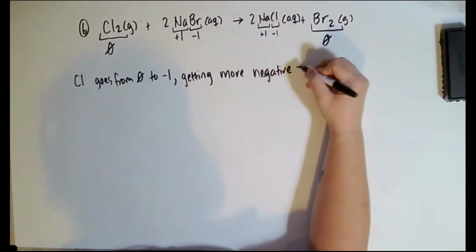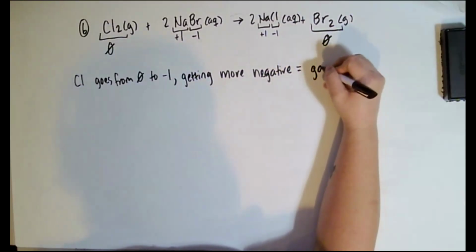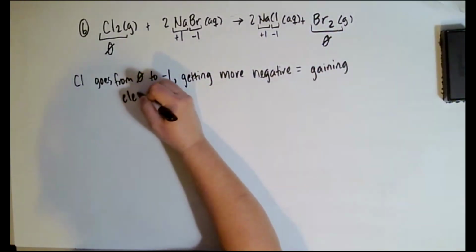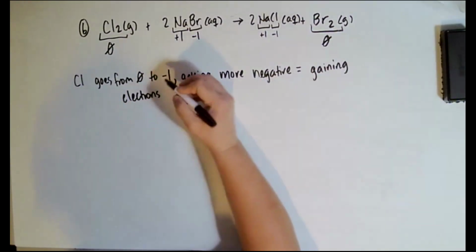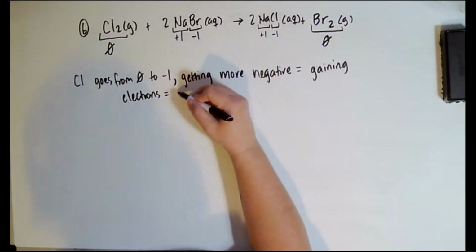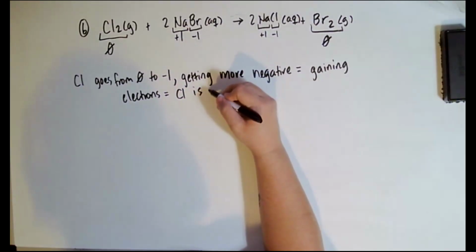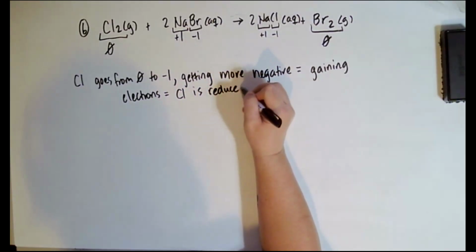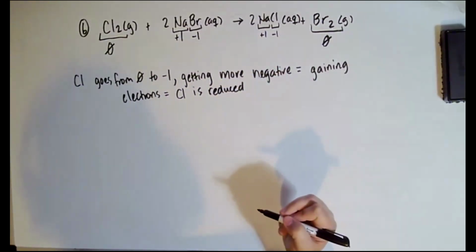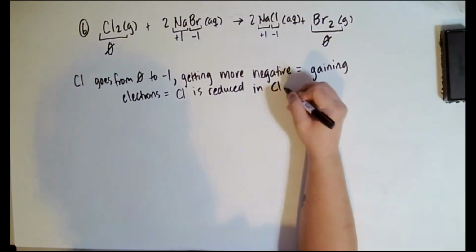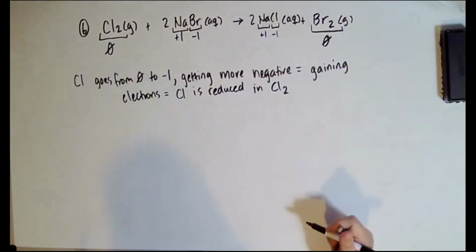If something's getting more negative, that means it's gaining electrons. So that means that our chlorine is reduced. The chlorine that's part of our Cl2 is going to be reduced.